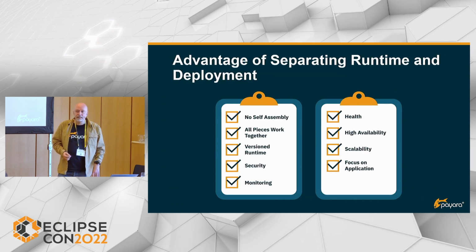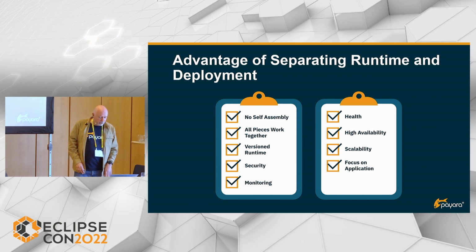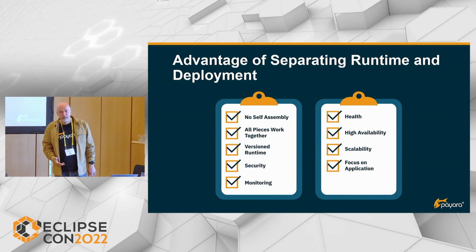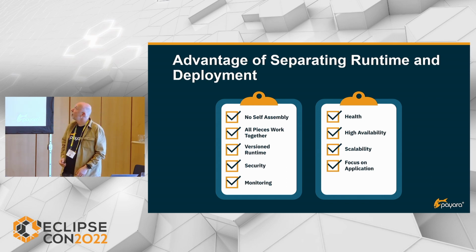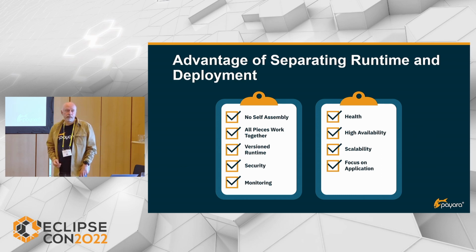Now, there's a lot of advantages which people may have forgotten around separating your application from your runtime and your deployment. So first, foremost, you don't need to self-assemble your application runtime.